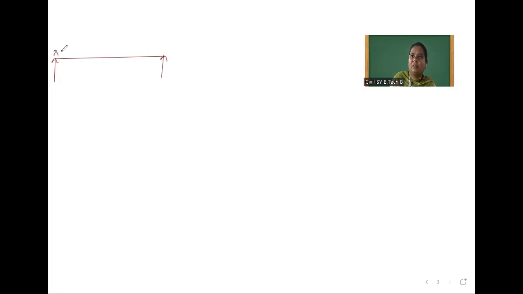This is A point. At B point, one moment couple is applied. This is B point, and intensity of moment couple is 20 kilonewton meter. After that, C point is there, and in between C to D, uniformly distributed load is applied, and intensity of uniformly distributed load is 30 kilonewton per meter.